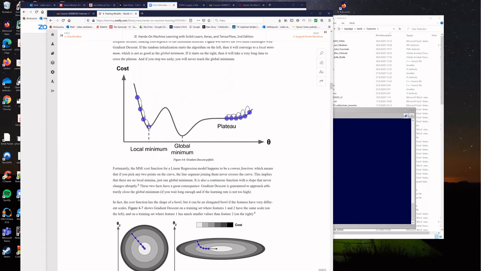Now if it calculates the next step here, it goes uphill, to a positive gradient, and then it stops and decides that this is the global minimum. But it's not true. The global minimum is here, but the algorithm can't find it. The global minimum is what you are looking for.